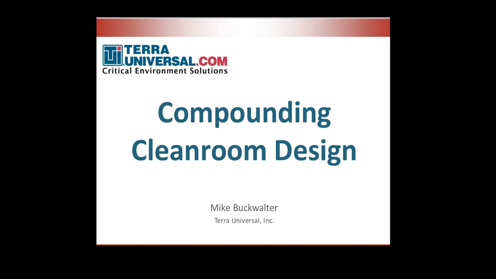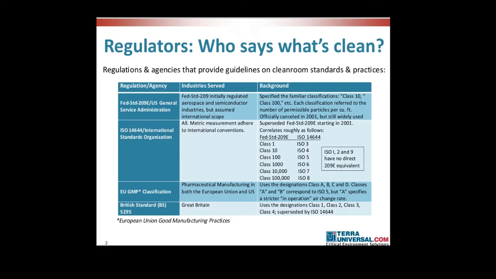We'll run pretty quickly through some history on the development of clean rooms. Many of us first learned to classify clean rooms in terms of the old specifications developed by Fed Standard 209 about 50 years ago. Those were replaced about 2001 when the International Standards Organization's recommendations came into force and Fed Standard 209 was suspended.